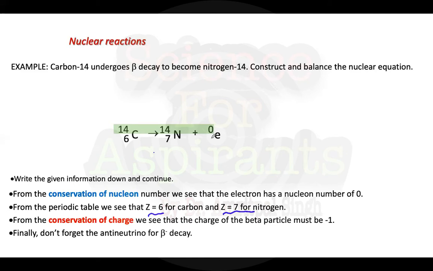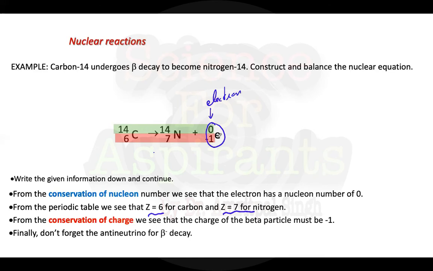So what is that particle which has -1 and 0? This is considered an electron. This is how you can balance a nuclear reaction, and you must be able to tell what is the smallest particle which will be emitted when this reaction happens.